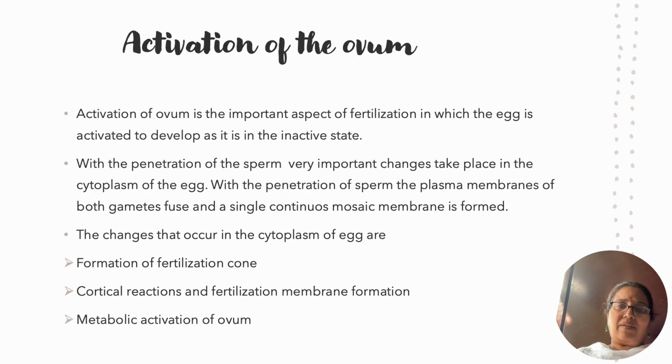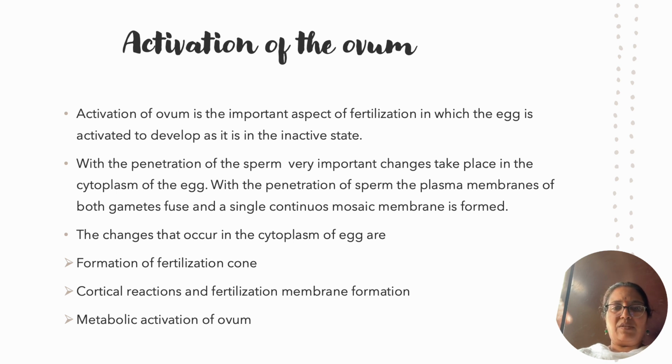Then the activation of the ovum forms the next step in the process of fertilization. Activation of the ovum is the most important aspect, in which the egg is activated to develop as it is in an inactive state. With the penetration of the sperm, very important changes take place in the cytoplasm of the egg.